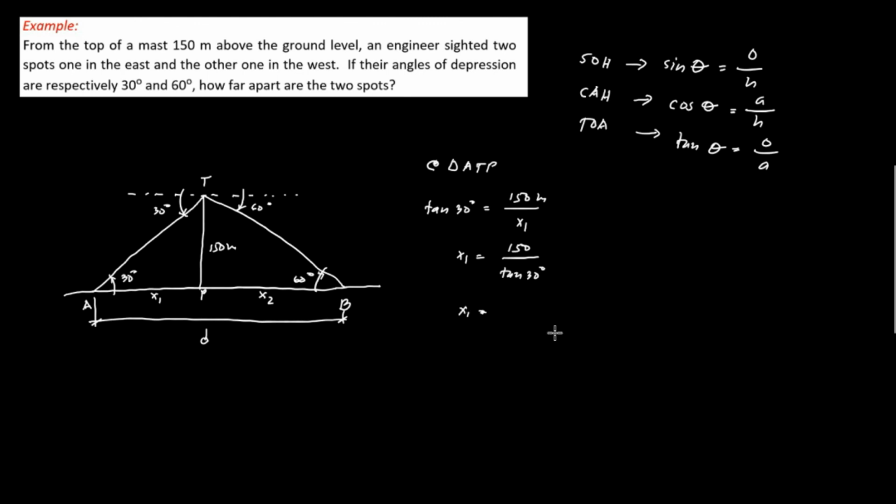So x sub 1, 150 over tangent 30 degrees, is equivalent to 259.81 meters. So we now have 259.81 meters.